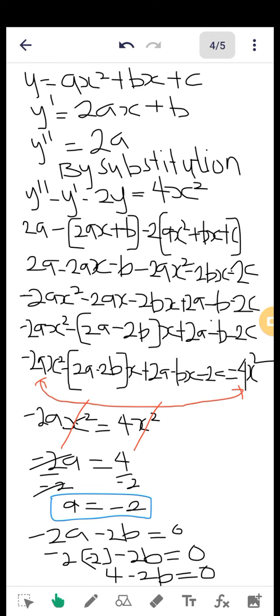So 2a minus y prime, where y prime is 2ax plus b, so 2ax plus b, minus 2y, where y is the whole of this. I make a substitution, then simplify. The negative will multiply through this, giving us this.